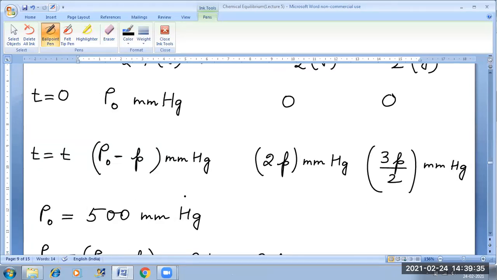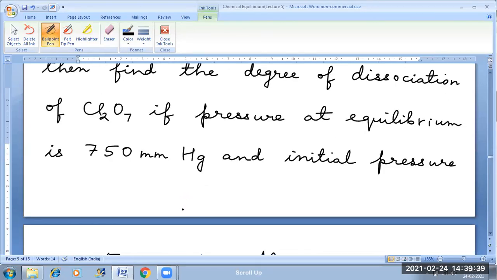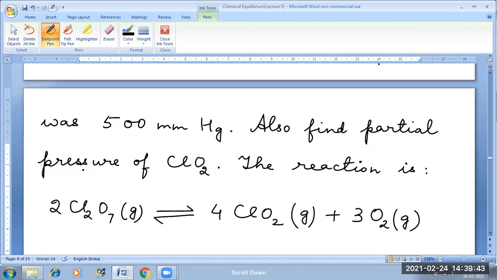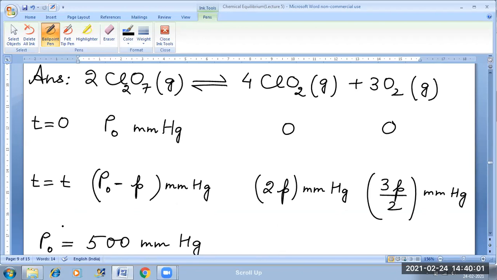It is mentioned that P naught is 500 mmHg. Also, it is mentioned that at equilibrium the pressure is 750 mmHg. That means the total pressure is equal to 750 mmHg at equilibrium. So PT, that is pressure at time t, is equal to partial pressure of Cl2O7 plus partial pressure of ClO2 plus partial pressure of O2.